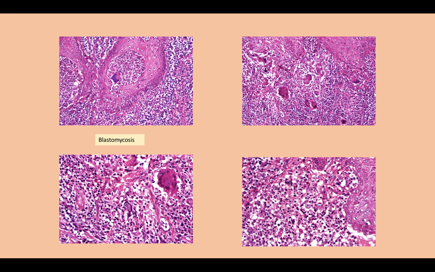But other fungal infections can be very, very similar, one of which is, and I'll show you it later, paracoccidioidomycosis, which occurs particularly in Brazil. It used to be known as South American blastomycosis, and morphologically they're very hard to tell apart unless you see sporulation in paracoccidioidomycosis, when it looks like a pilot's wheel.